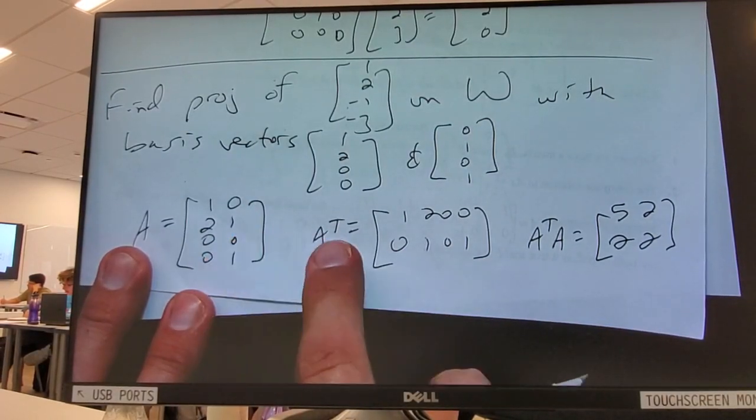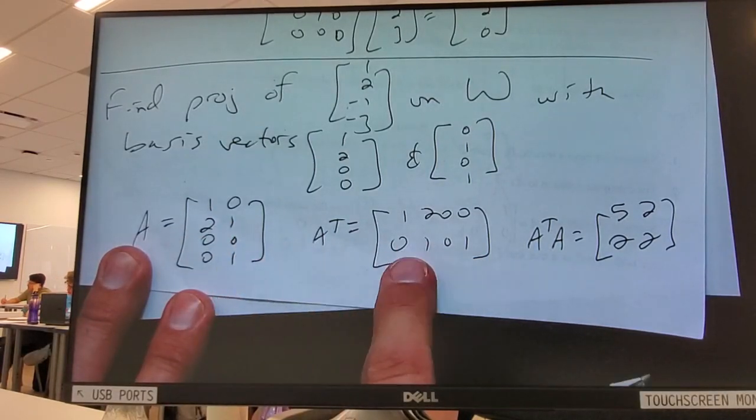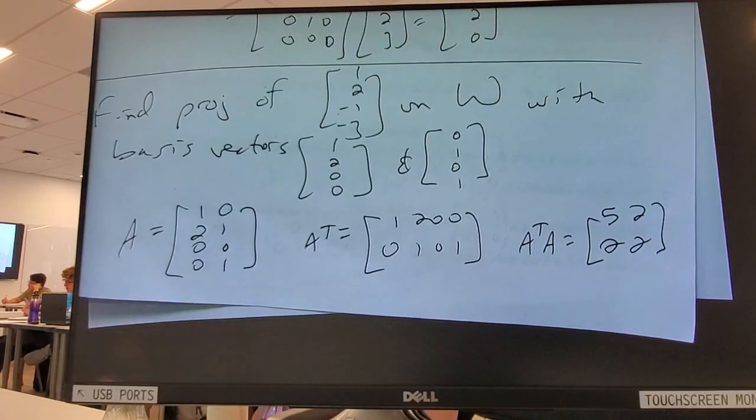That would be 5. That would be 2, and that would be 2 because it lines up with itself. Zach, yeah. The ones line up, so you get 2. Okay, all right, keep going.